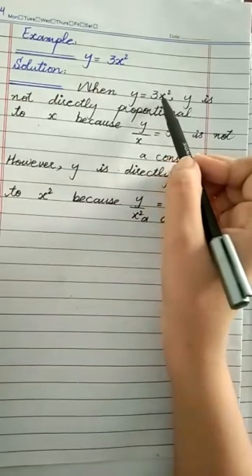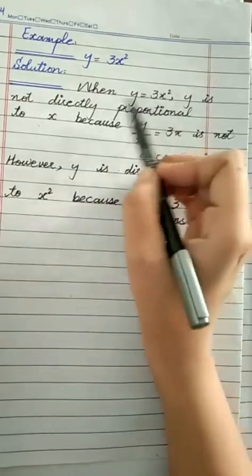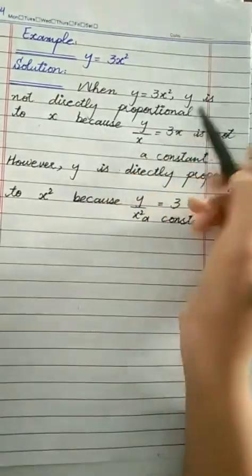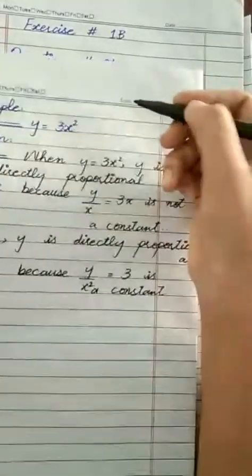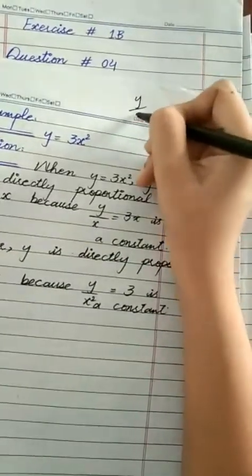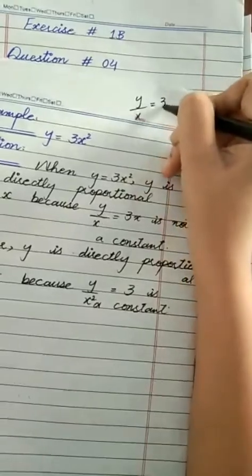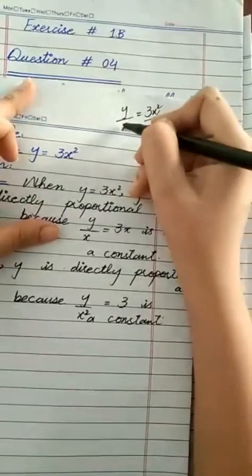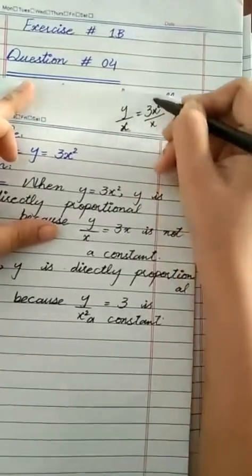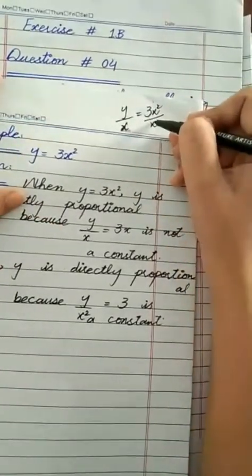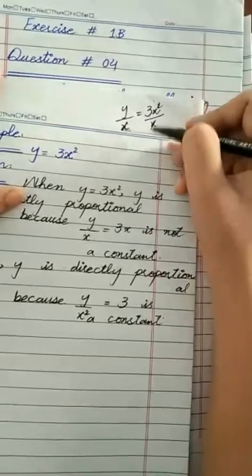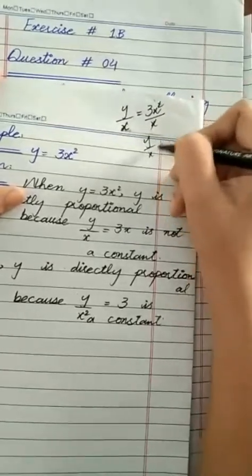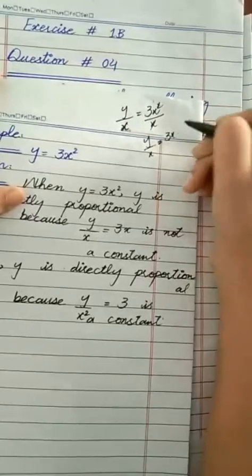Y is directly proportional to x square, not x, because y by x is equal to 3x. I'll make it clear by solving this, as it might not be clear to you. Y by x is equal to 3x square divided by x: if we divide on both sides by x, one power will be cut with 1, and what is left is y by x is equal to 3x.